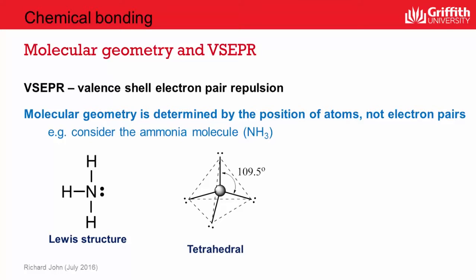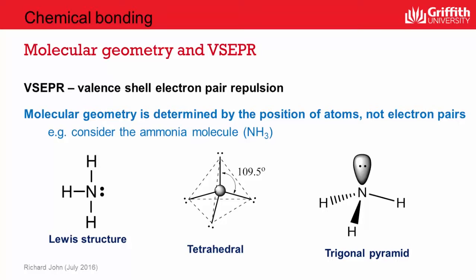We have just seen that the base geometric shape around an atom that has four pairs of electrons is a tetrahedral shape. However, the ammonia molecule only has three atoms attached, and the shape is derived from the position of the atoms and not the position of all of the electron pairs.